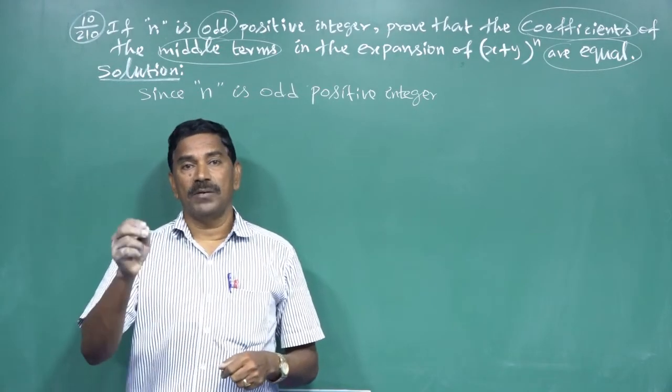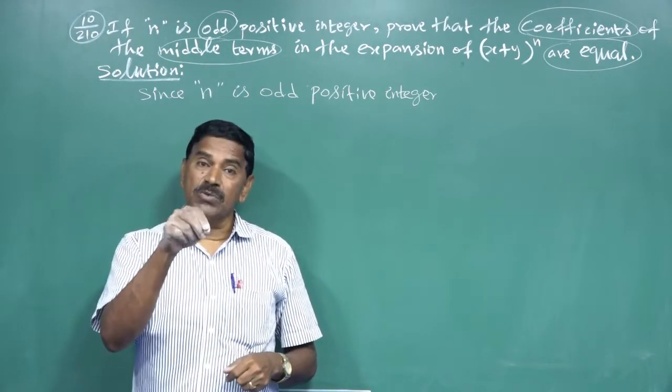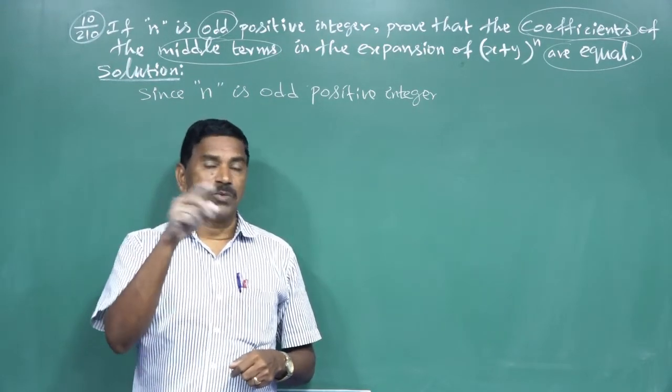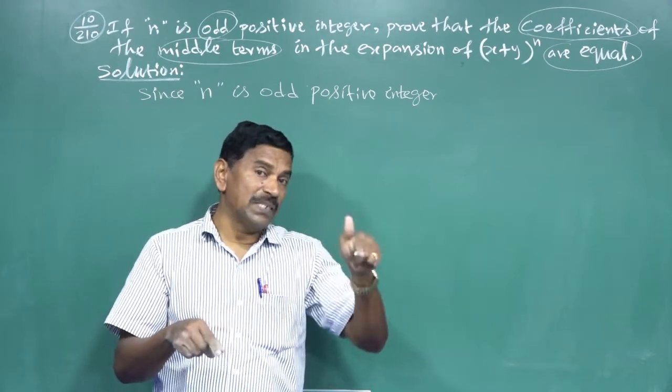The two middle terms are T_((n-1)/2 + 1) and T_((n+1)/2 + 1).